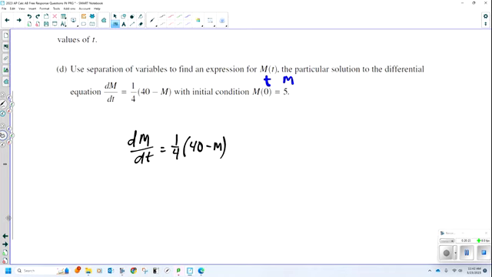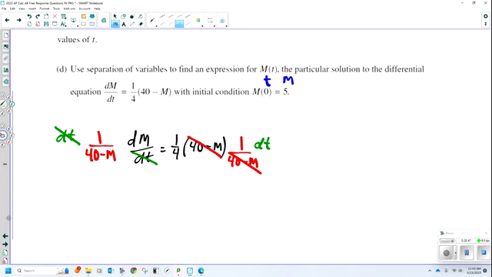So what I'm going to do is start by multiplying this side by 1/(40 minus M). This cancels with this, and what I do to one side, I have to do to the other. Okay? Now, on the left side, I want to get rid of this dt. So I'm going to multiply this side by dt. This will cancel with here. And what I do to one side, I have to do to the other side.